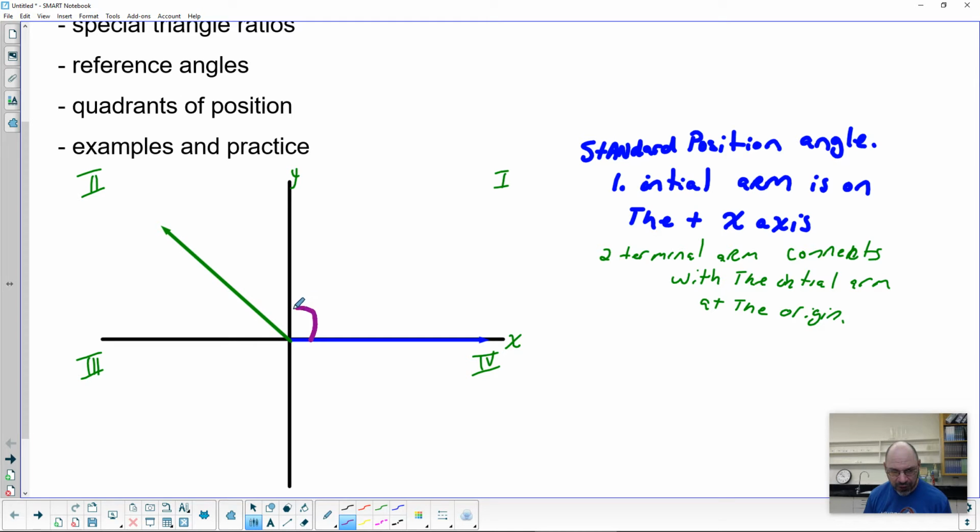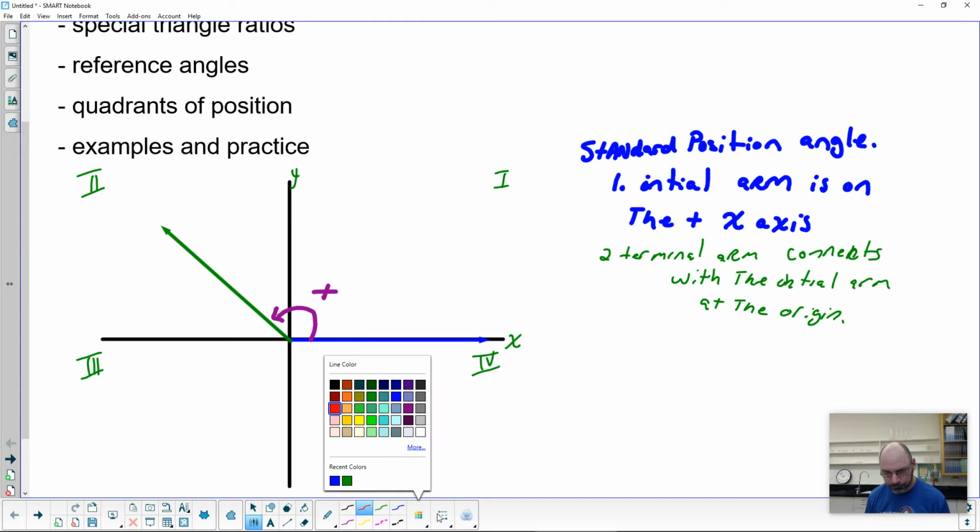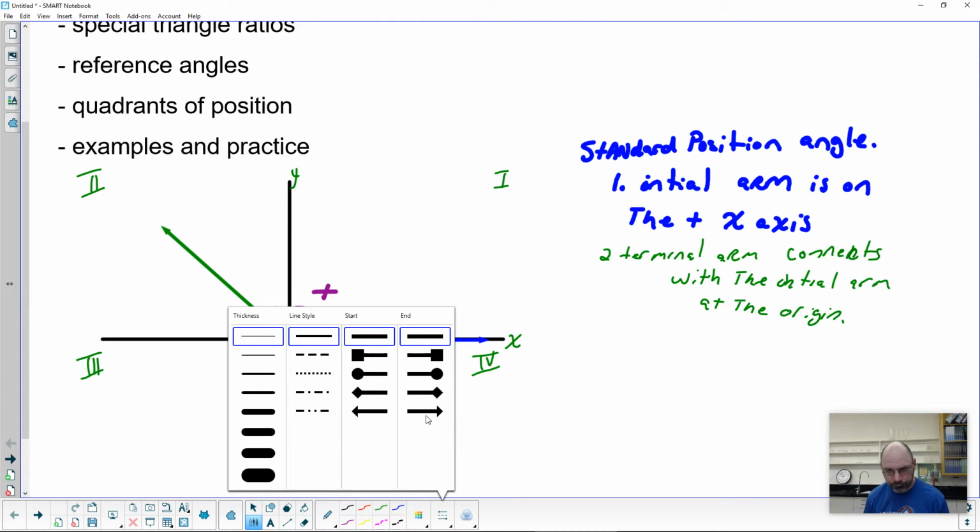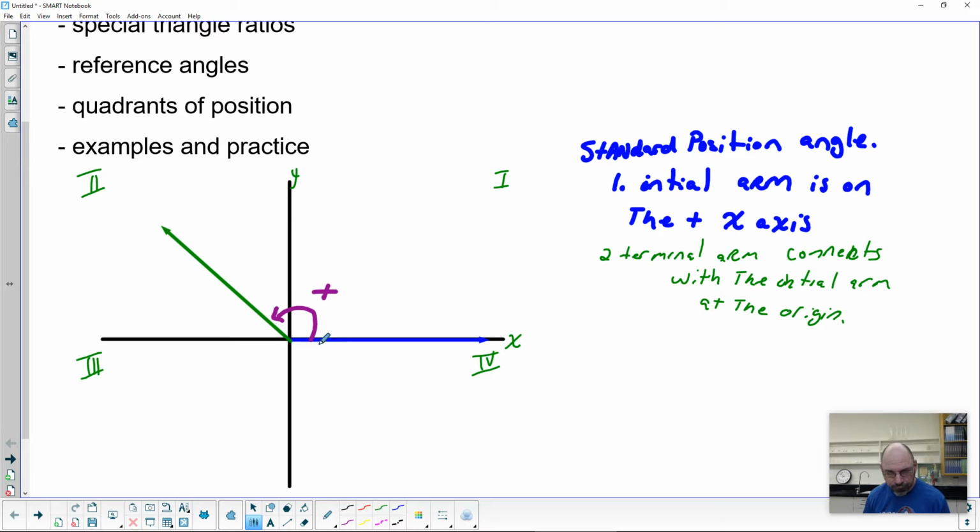It goes this way. We consider that measurement to be positive. And if it goes the other way, which I'll use a different color, red, if you measure down and around like this, we consider that a negative. So a negative angle rotates down, rotates clockwise, right?